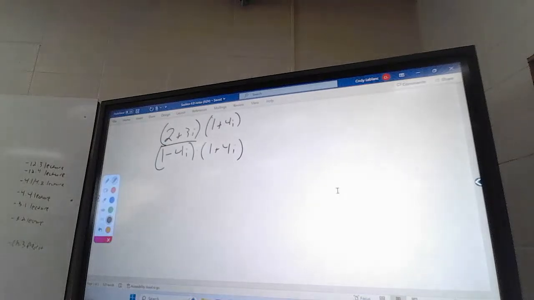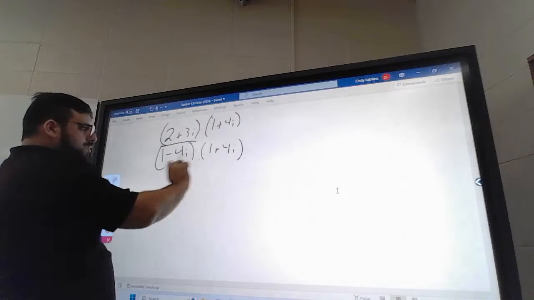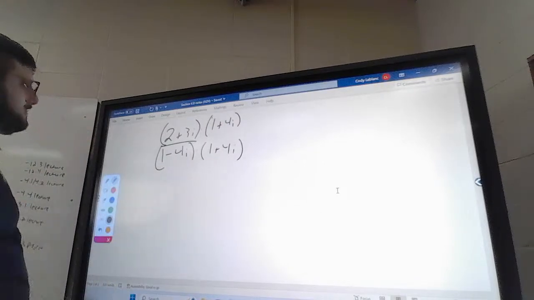Now I am going to flow here, but I'm going to use the sum of squares formula for the denominator, just so you know what I'm doing.